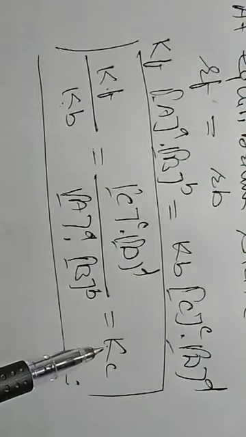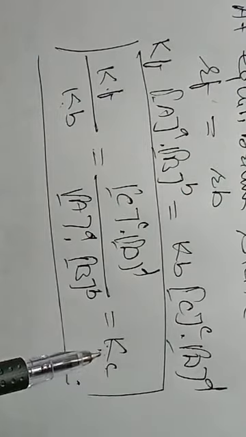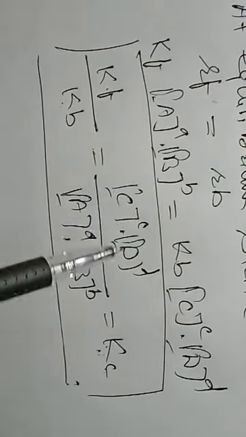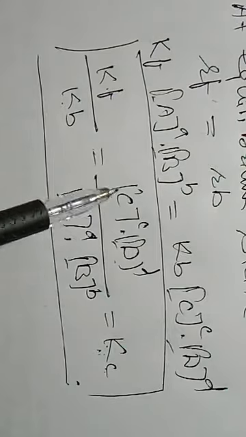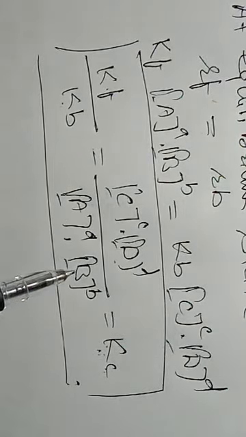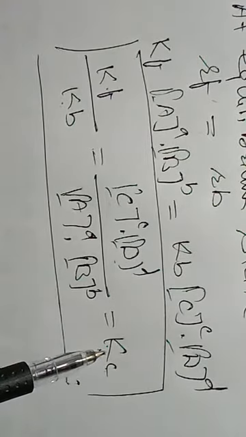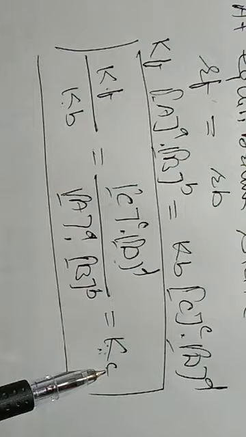Okay, here we are using the term Kc because this equilibrium constant is in terms of concentration. We have taken here active masses or molar concentration of the reactants and products. That is why we have written Kc here. K for equilibrium constant and C for equilibrium constant in terms of concentration.